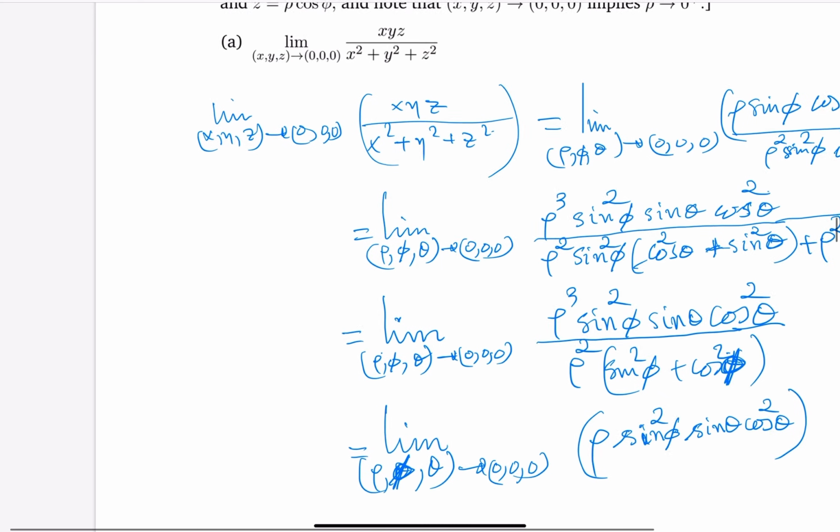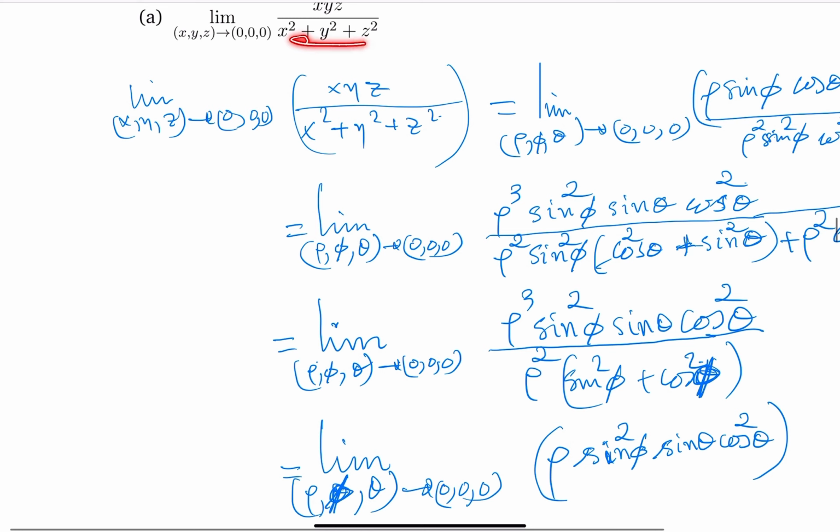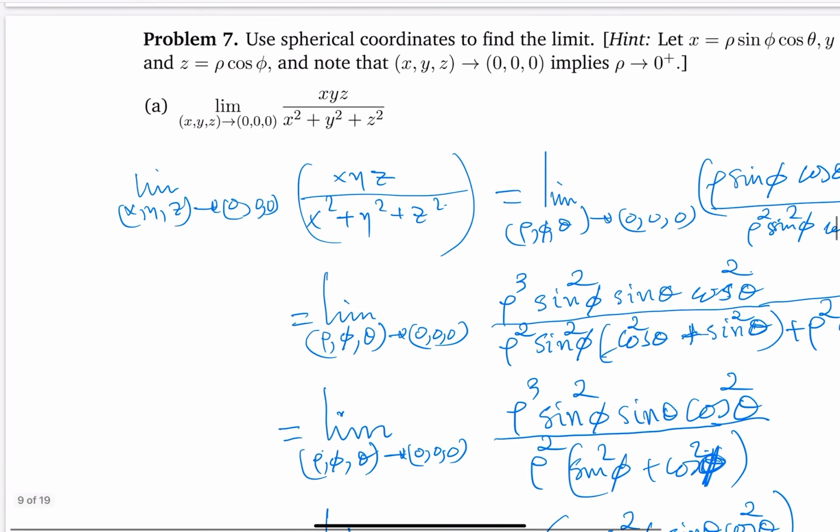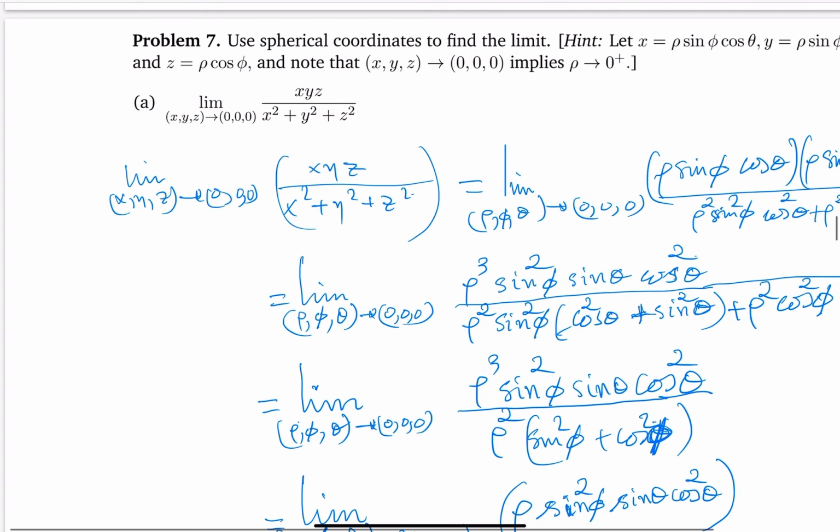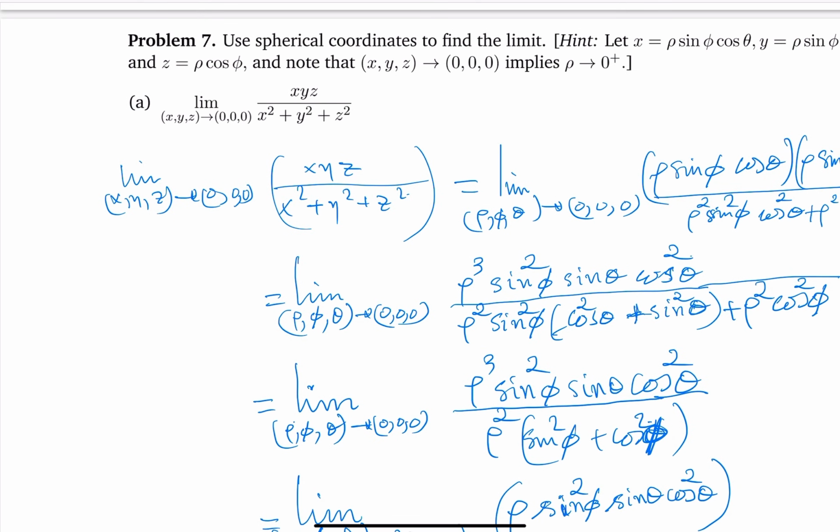Now, let me break it down here. Check it here. I want to find this one. You have x squared plus y squared plus z squared is equal to, okay, let me write down the formula very quickly. We know x is here, y is here, z is here.